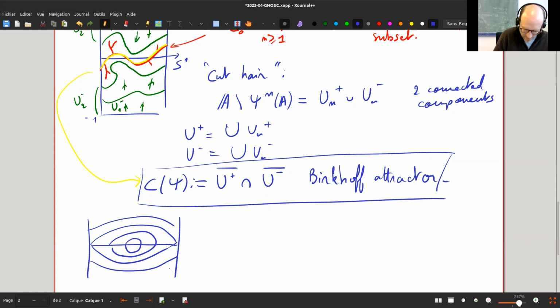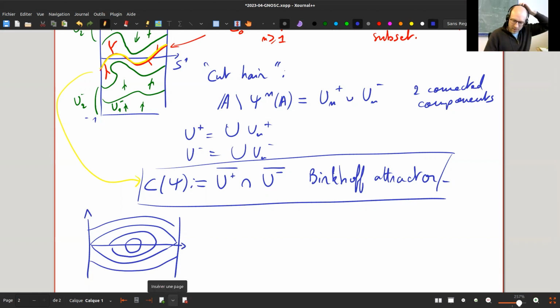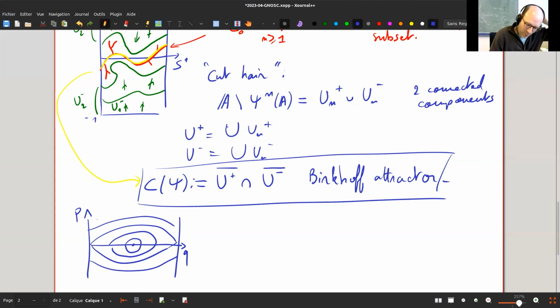Okay, so that's in the q, p coordinates, and we know that the dynamics when there is no friction follows these curves.